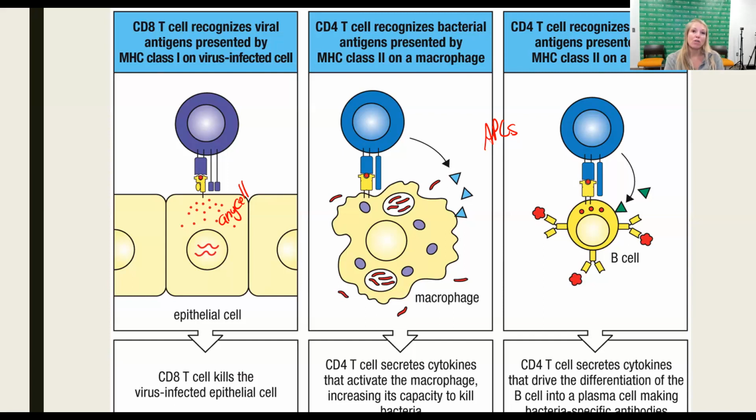Eventually, we'll see how that T cell can interact with the B cell, which also has MHC class 2 presenting antigen. And then the helper T cell can secrete cytokines to tell the B cell, hey, you need to up your antibody game. Let's get some new isotypes out there. Let's get some better specificities, and let's kick this bacteria out of the body. But again, we'll get into that in depth.